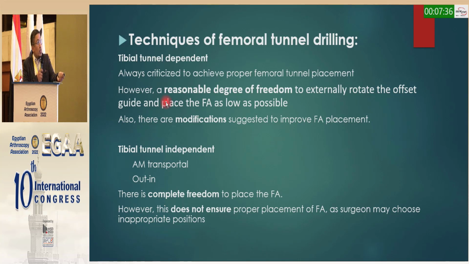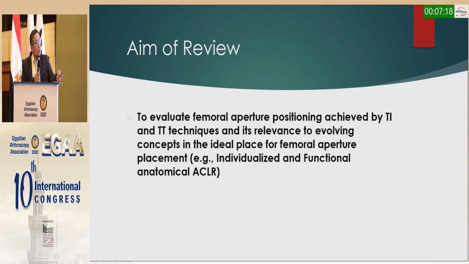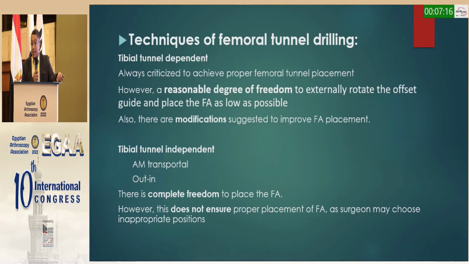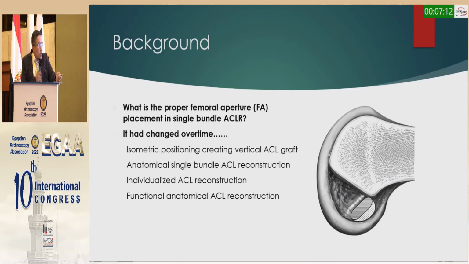Also, modifications were suggested to improve this placement. The independent technique could be out-in or transportal, and we know that we have complete freedom to place the tunnel. However, this does not guarantee proper placement, as the surgeon might choose an improper place.